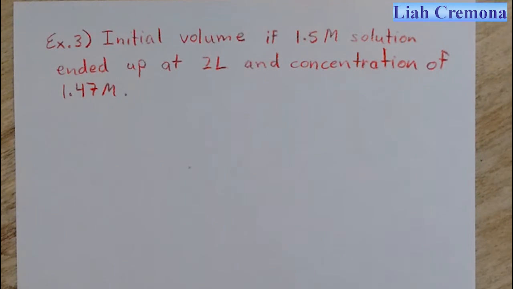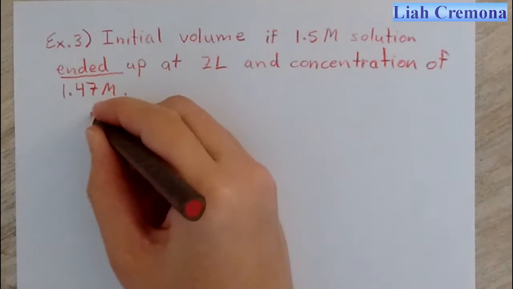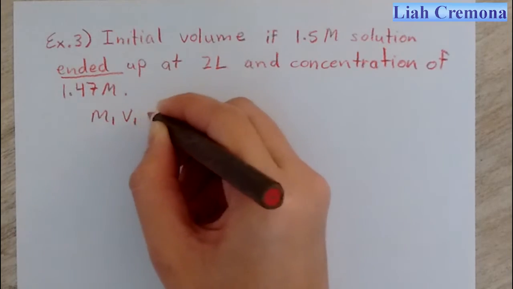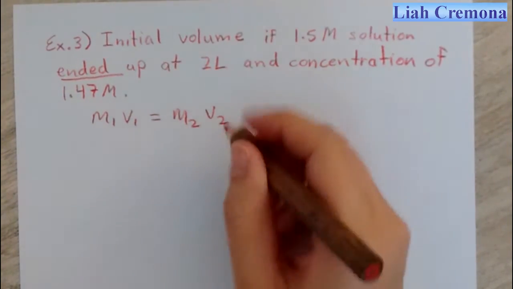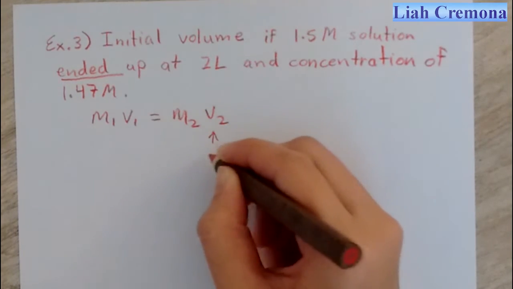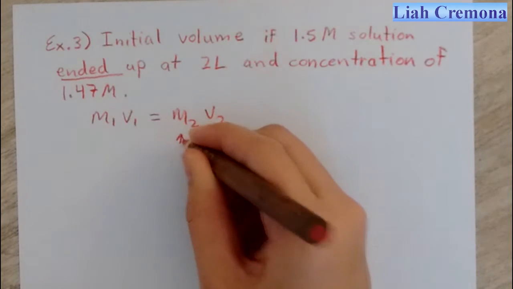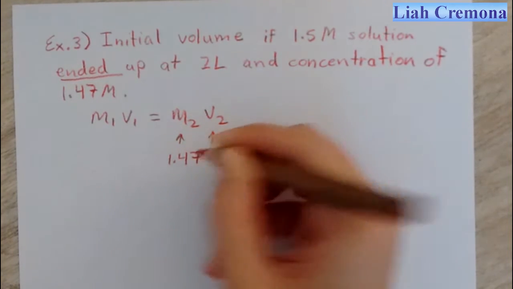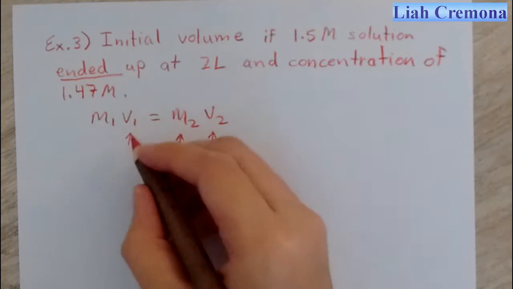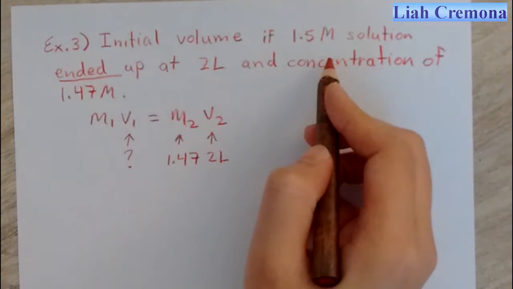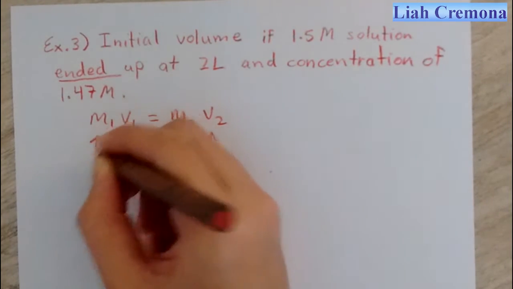So here we see that the end is a volume of 2 liters and an end concentration of 1.47. The initial volume is the question here, since this is not given. And here 1.5 is the initial concentration.